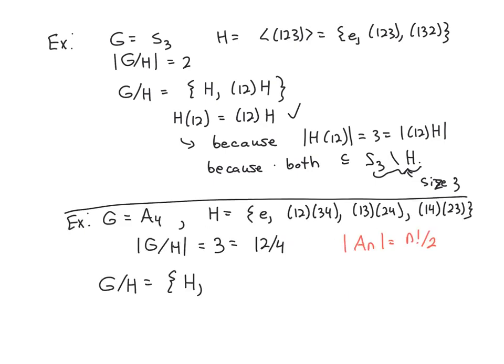So the next example, much bigger: we'll let G be A4, which has 12 permutations. We'll let H be this particular subgroup of 4 permutations. By Lagrange's theorem, the number of cosets is 3, so we've got to find the 3 cosets here.